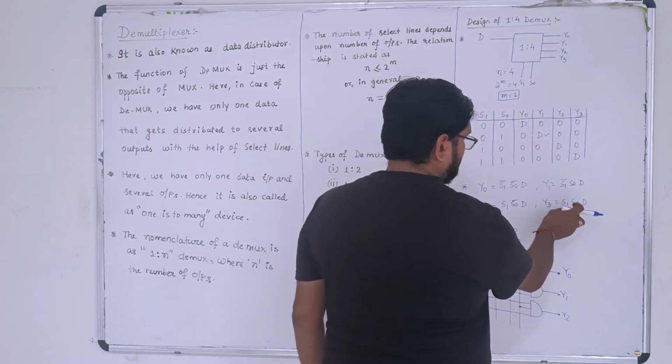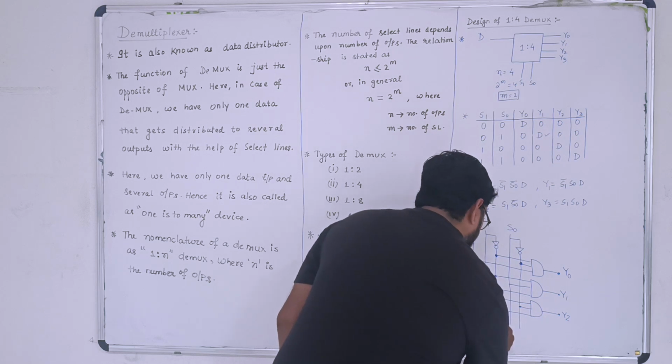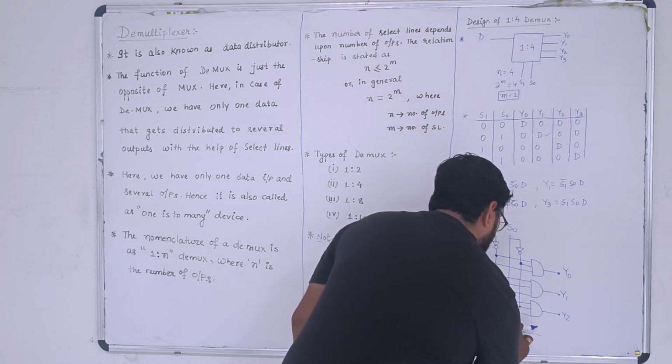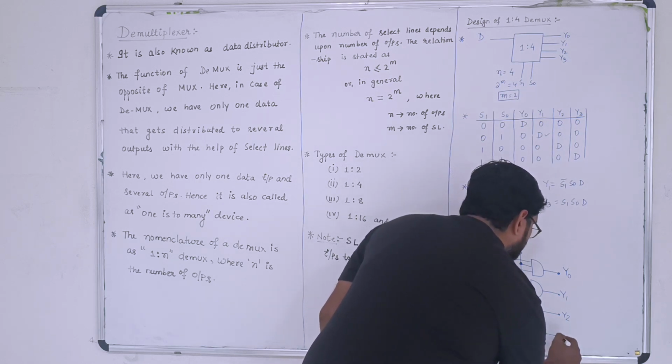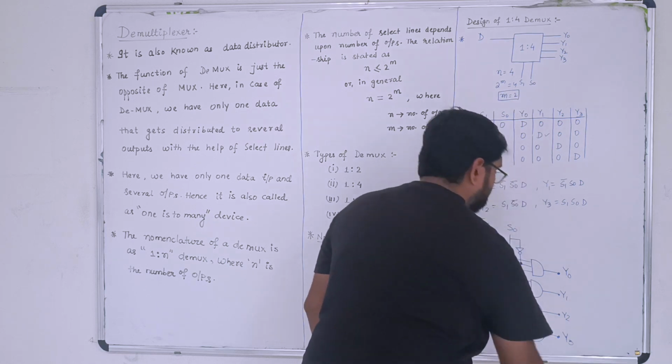And the last one is S1 S0 D. So take S1 from here, take S0 from here, take D from here. Connect all of them with an AND gate. This is your next output, that is Y3.